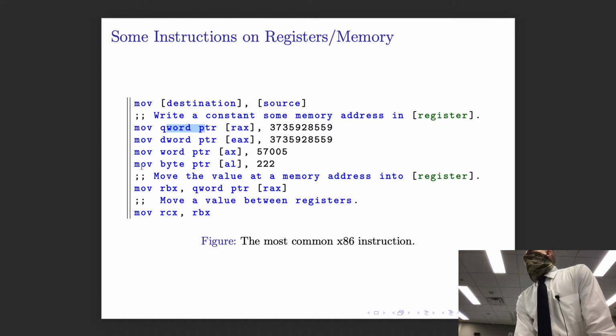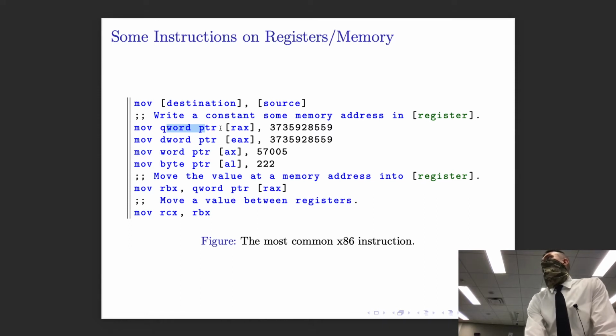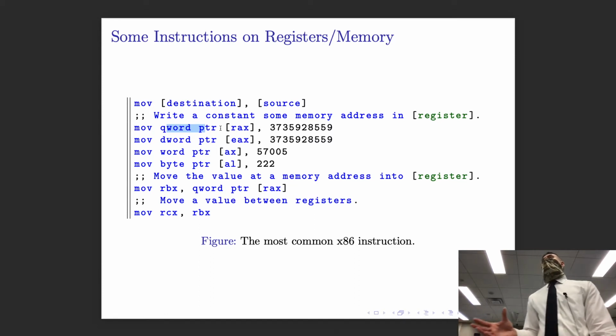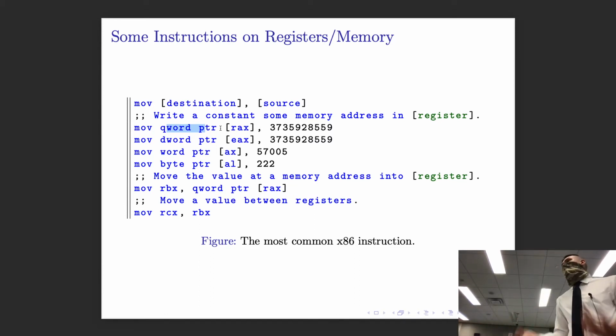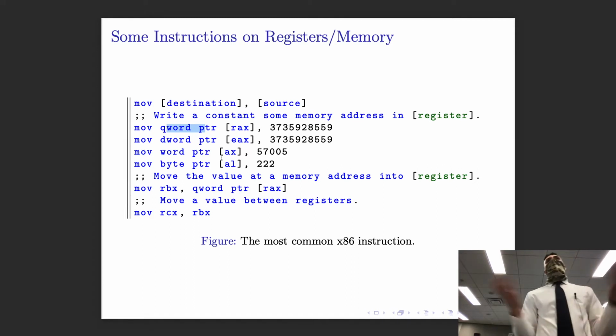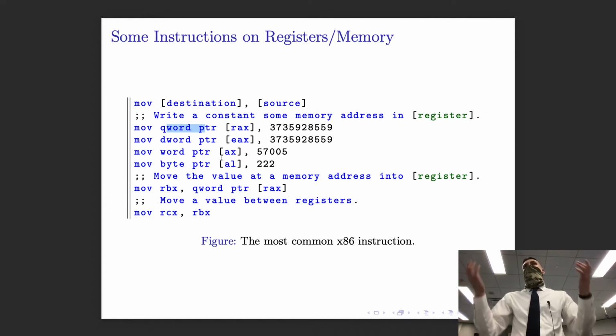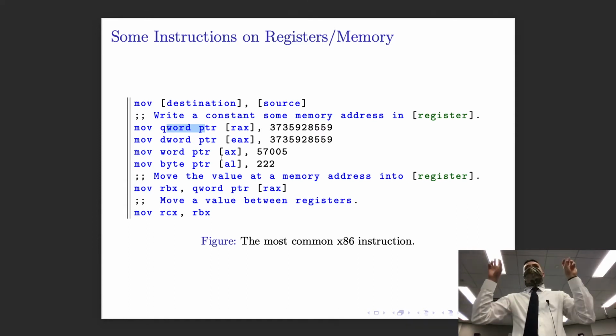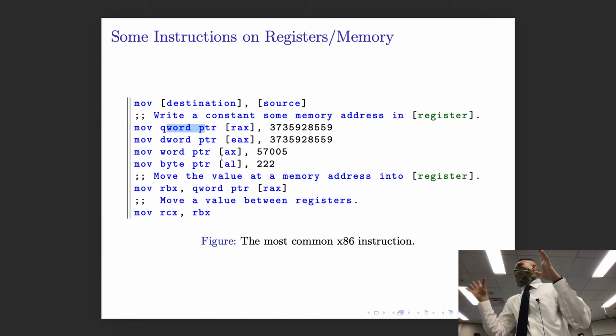Each of these instructions writes a number to memory, but each one is using a different keyword. And here's some weird terminology, at least I think it's weird. Processors typically operate on words. Not word in the English sense, but word as in the register size, which is weird, because if you see the keyword word, we're using AX, which you might recall is the least significant 16 bits. It's a weird historical thing. x86 came from a processor series with 16-bit registers, which is why the word size is 16 bits, but the registers are 64 bits.